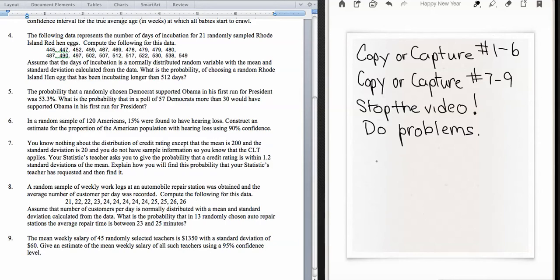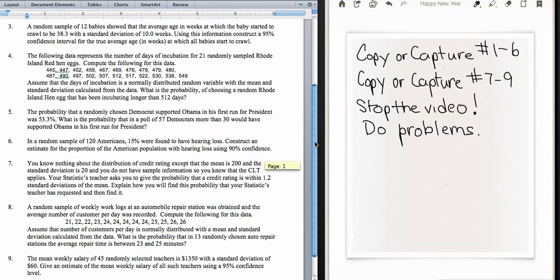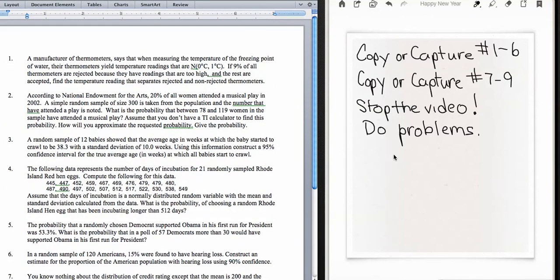All right, with that said, I'm going to start solving problems 1 through 9. And again, I will recommend here that you have just stopped the video and do not listen to the solutions until you've actually tried the problems on your own.